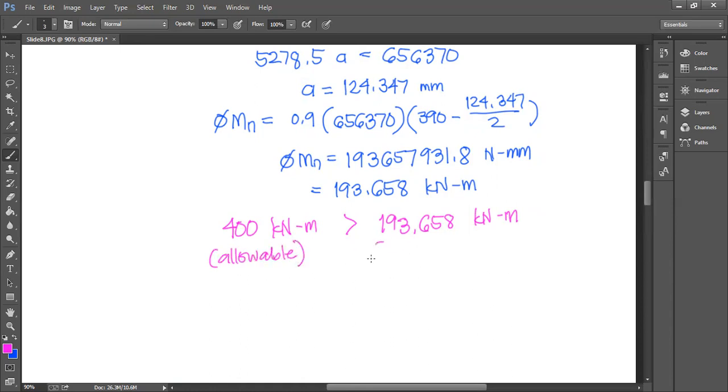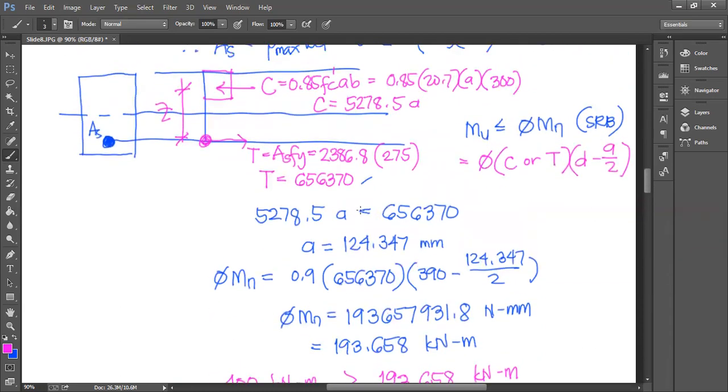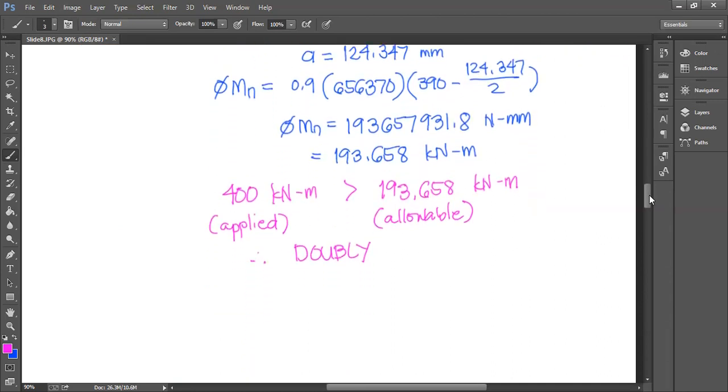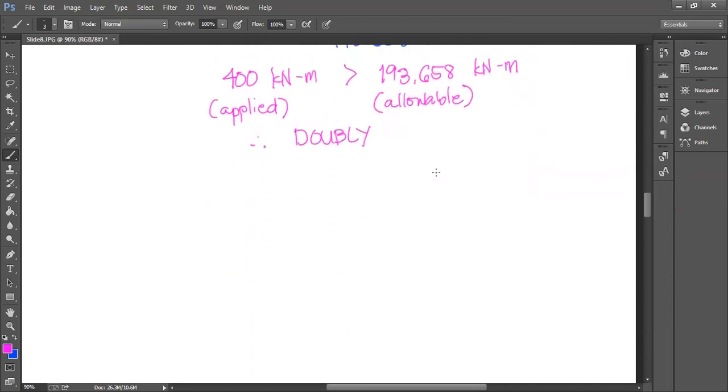Sorry, this is not the allowable, this is the applied. Our applied moment is greater than the allowable. Therefore, our reinforcement is doubly. So this means we will still look for another value for A, since we know that our beam is doubly reinforced.